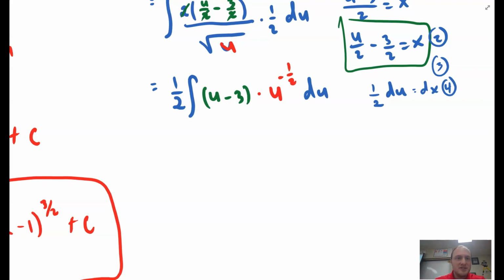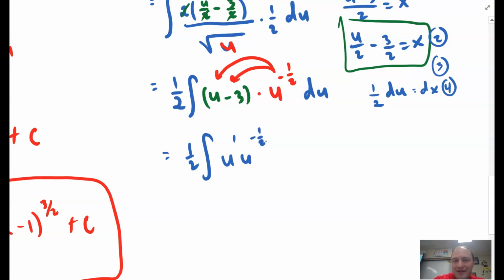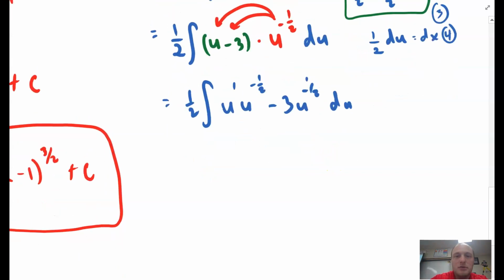So now, I mean, this still is looking pretty gnarly, but what we can do is distribute. I'll distribute this u back inside. Okay, so I have 1/2 of the integral, and we get u to the power of 1 times u to the power of -1/2 minus 3u to the power of -1/2 du, and we will simplify this. 1/2 u to the first times u to the -1/2 power, that is just u to the power of 1/2.